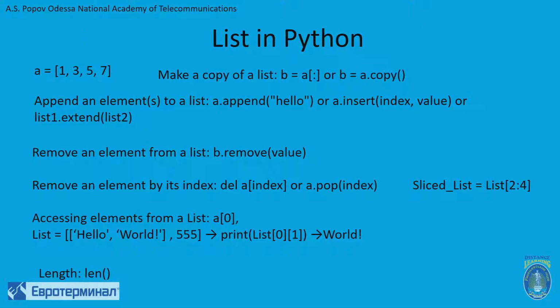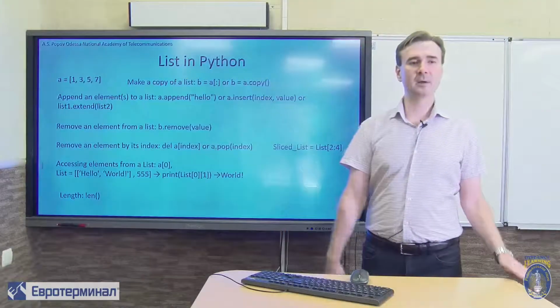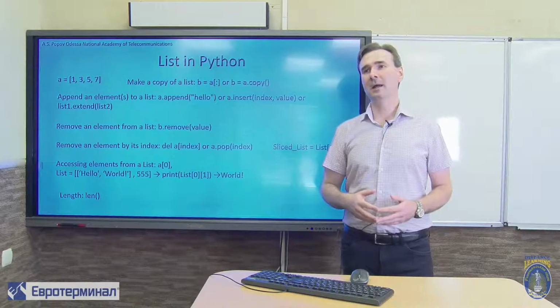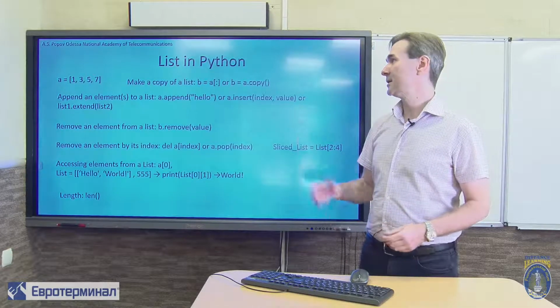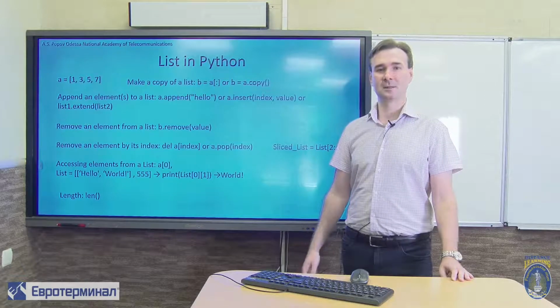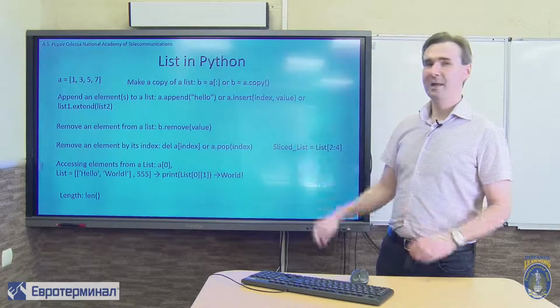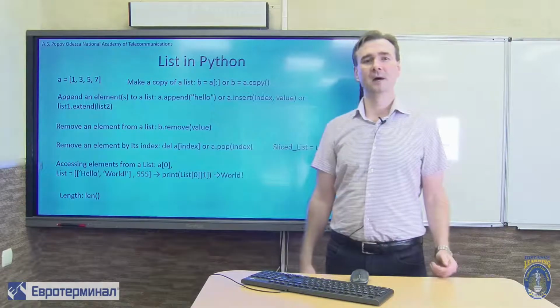Now let's start with a list. The definition of a list is a collection of items, and that collection is indexed and ordered. And you can have any kinds of items in a list.